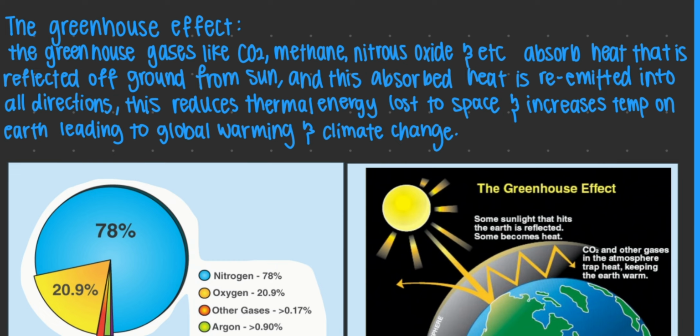So basically, carbon dioxide traps most of the energy that's supposed to be dissipated into space, which has been received by the Earth after it's emitted from the sun, causing the Earth to warm up more, hence the name greenhouse effect. You don't need to know all of the greenhouse gases.